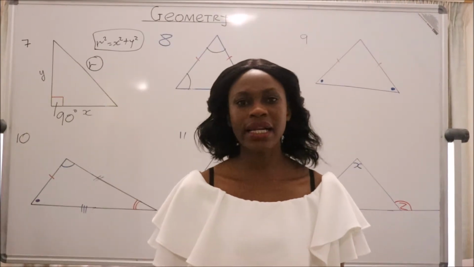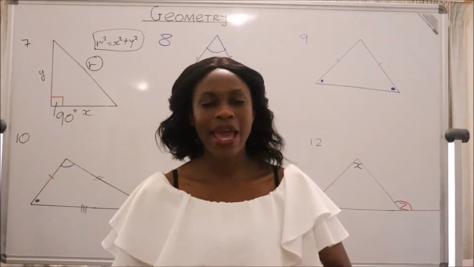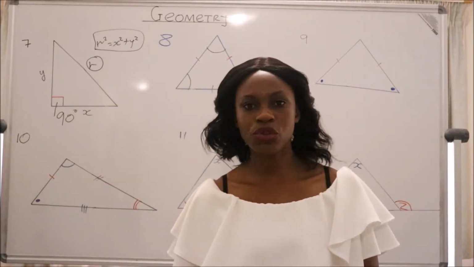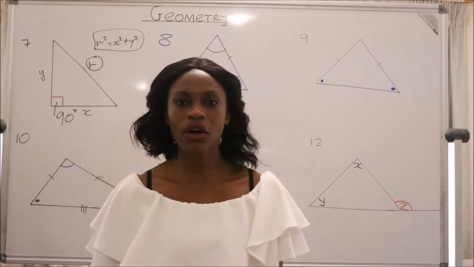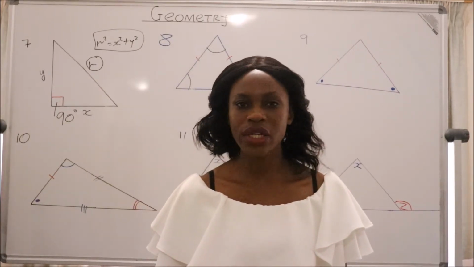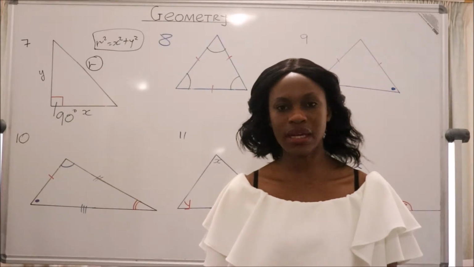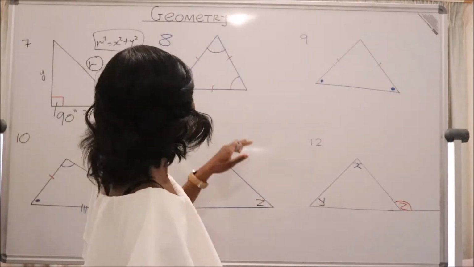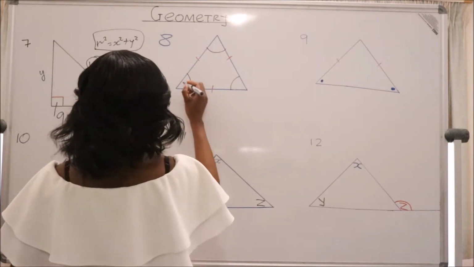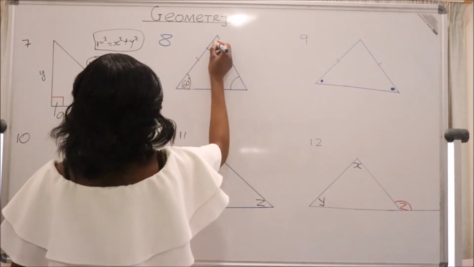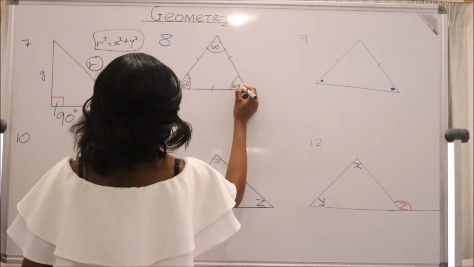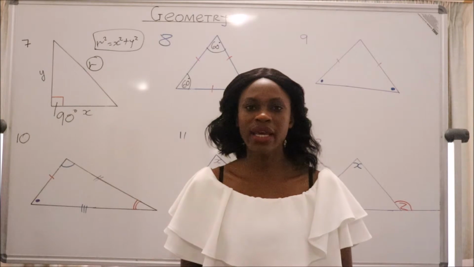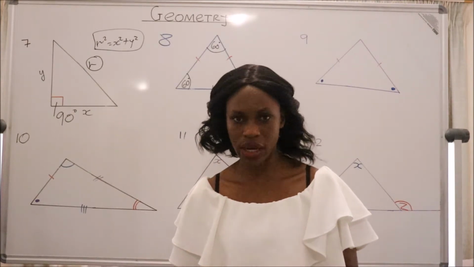So if all angles are equal within the triangle, and the sum of angles inside the triangle must add up to 180 degrees, then we can just say 180 degrees divided by 3. That will give us the value of the angle inside the triangle. So 180 divided by 3 will always give us 60 degrees. So with an equilateral triangle, it won't change. It will always be 60 degree angles inside the triangle.